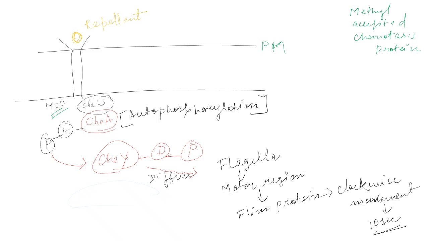Now this MCP receptor is in dimer form. Say for example, a repellent comes in contact with the receptor. This receptor has another molecule attached to it, known as CHEW.